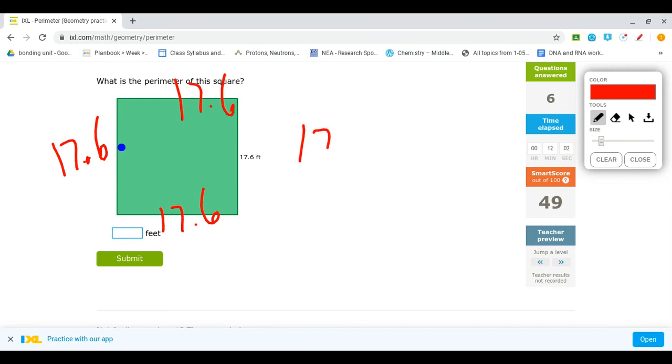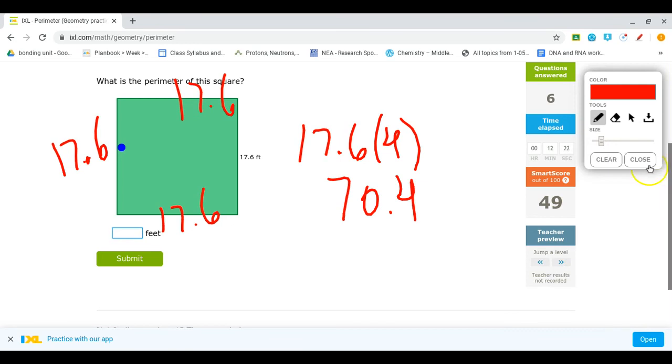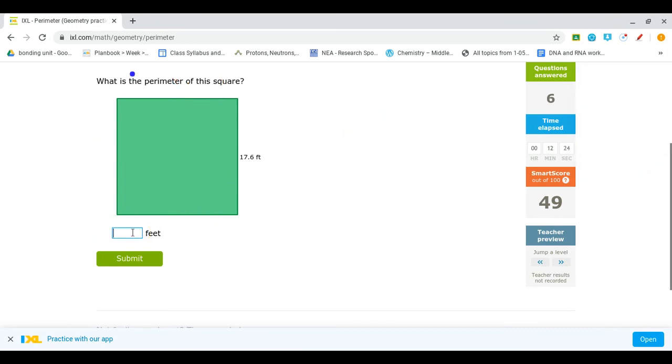You use the little shortcut here and say, well, if one side's 17.6, and I got four of them that are exactly the same, I can multiply 17.6 times 4, and I get 70.4.